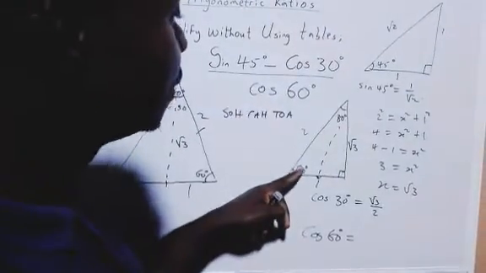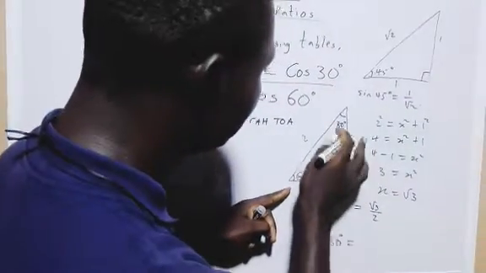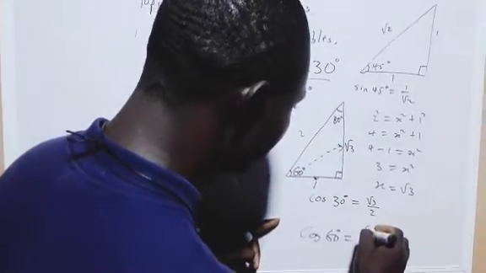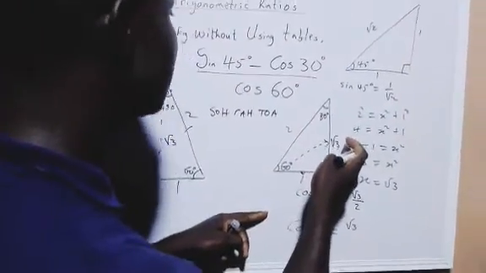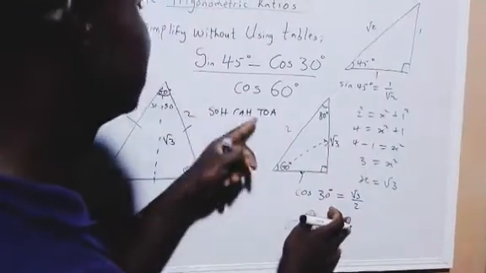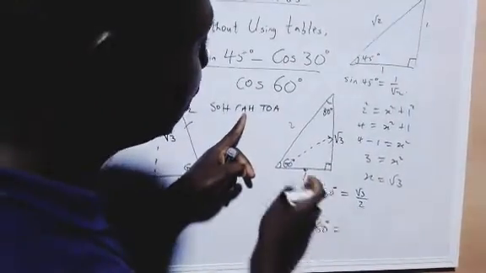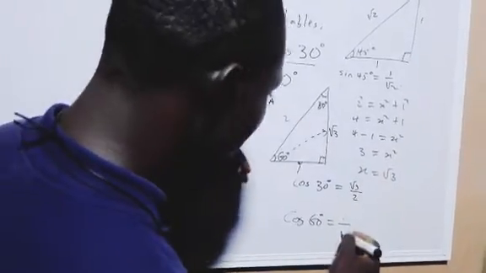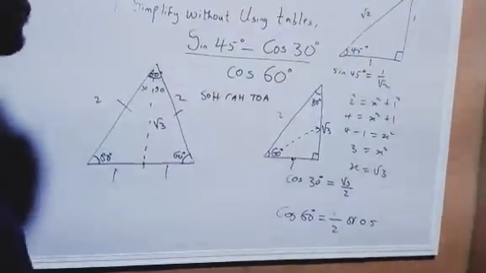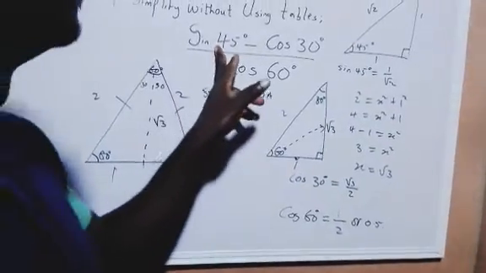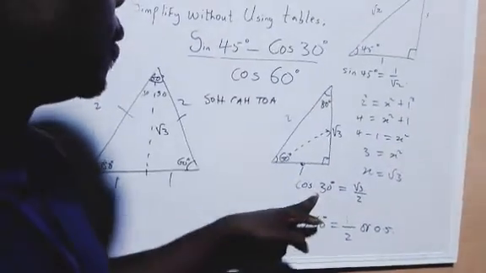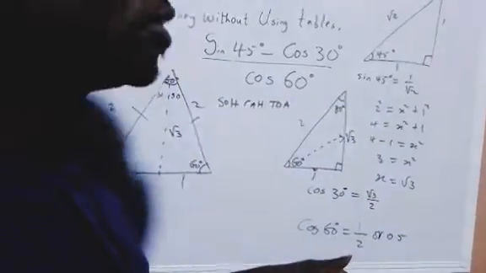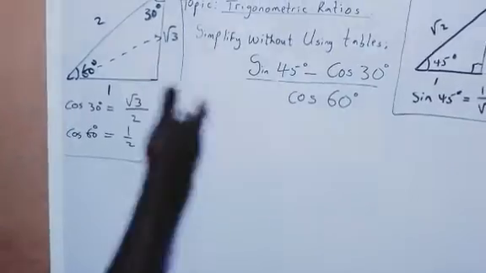So now this is 60, and the adjacent is 1, over the hypotenuse 2. So now we have gotten cos 30 degrees to be square root 3 over 2, and cos 60 degrees, which is 1 over 2.